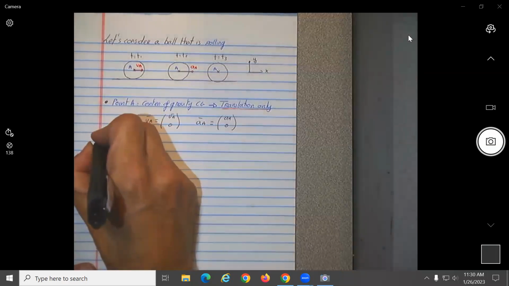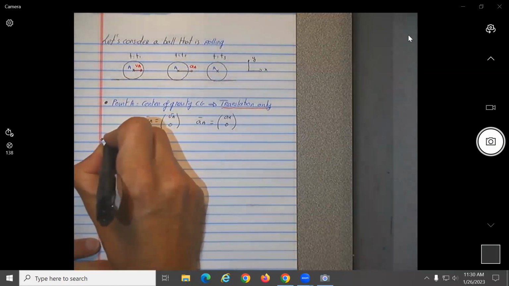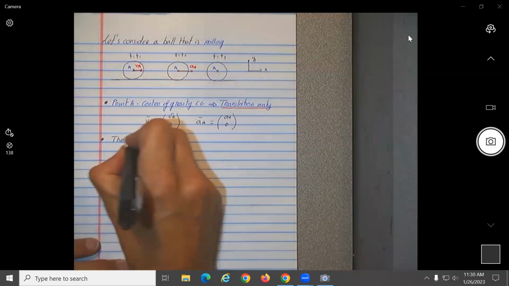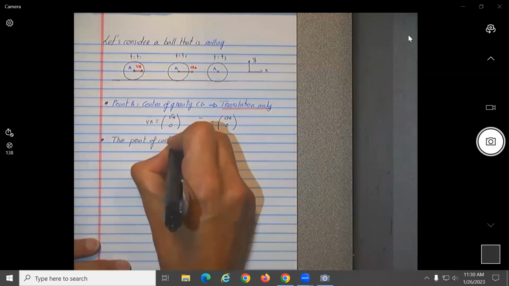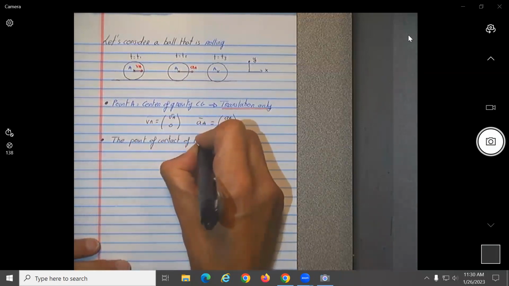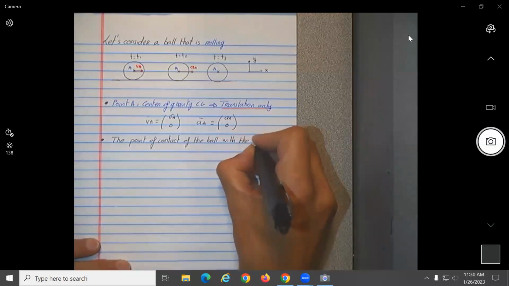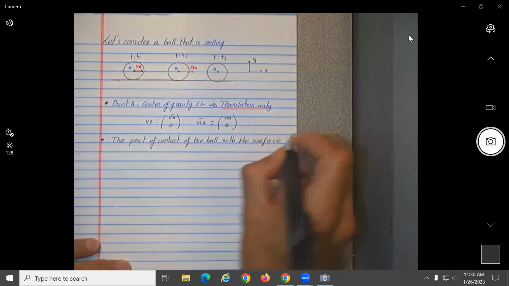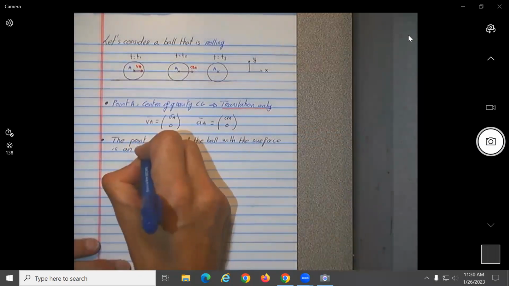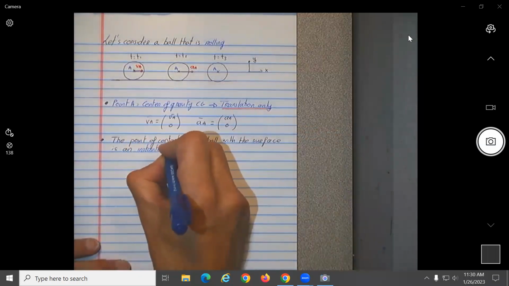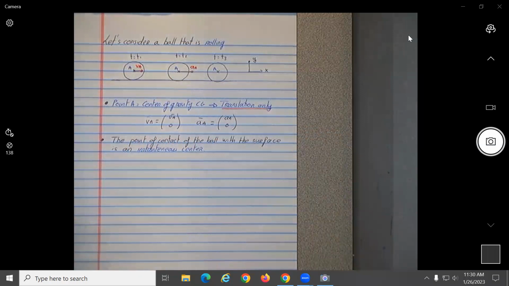Okay, so next point. The point of contact of the ball with the surface is, and what I'm going to write, instantaneous center.